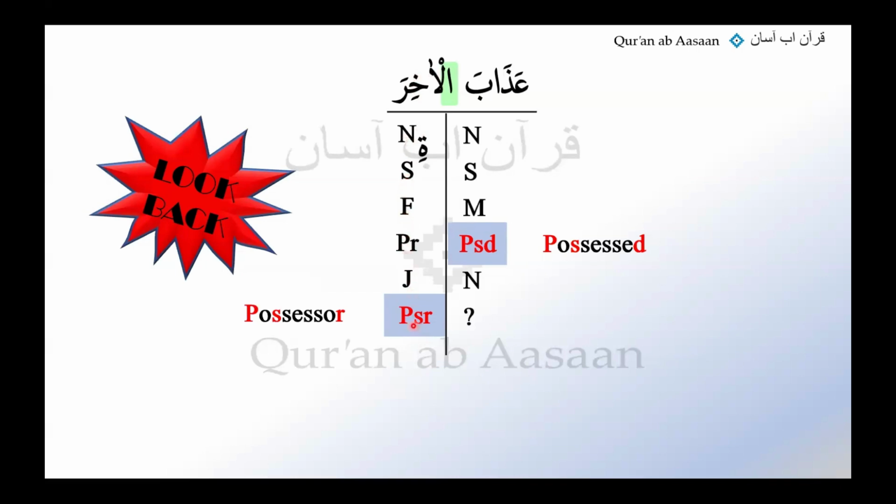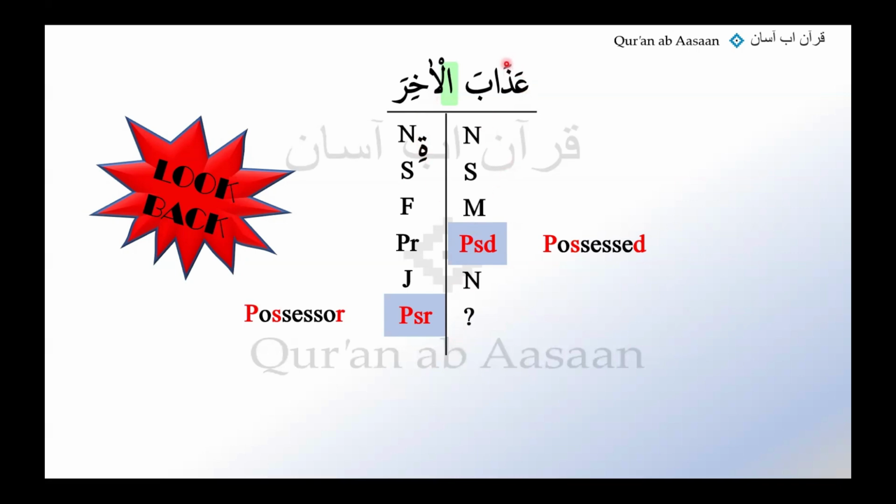Now, how do I translate it? The akhira's azab. Okay, yeah, that is one way of showing the possession. There is another way to show the possession. What do we know here? It's a possession. This azaba is possessed by al-akhirati, and we can show this by adding "of" in the middle.